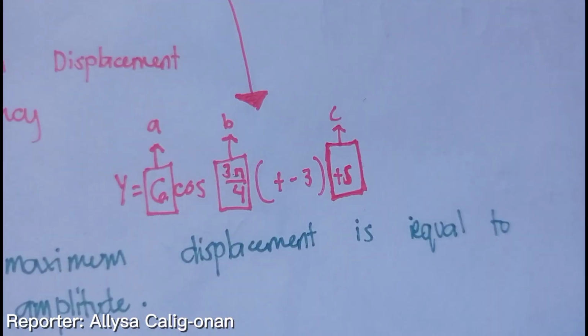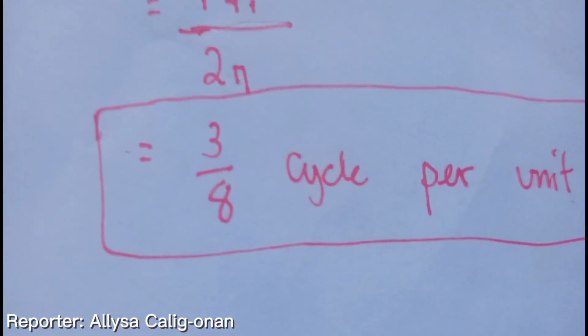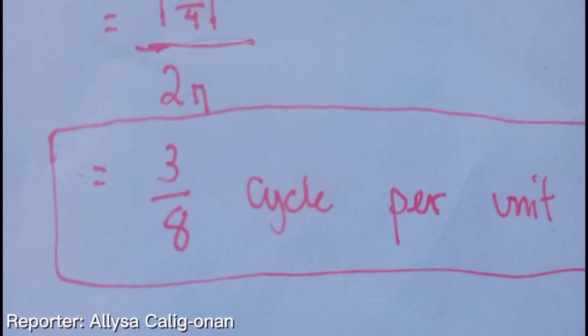The formula of our frequency is the absolute value of b over 2 pi. So b is equal to 3 pi over 4. The absolute value of 3 pi over 4 divided by 2 pi is equal to 3 over 8 cycles per unit. Therefore, 3 over 8 is our frequency.